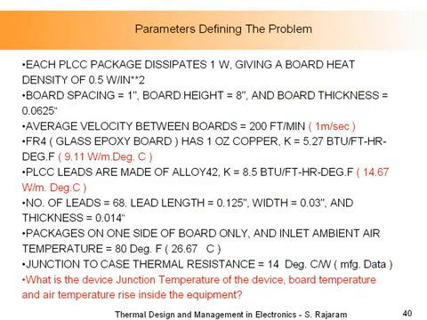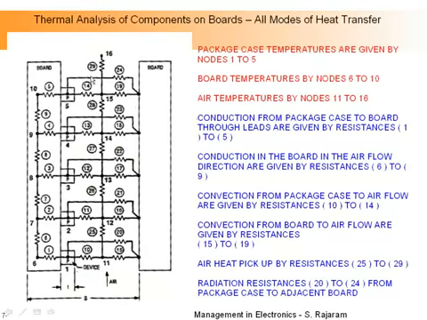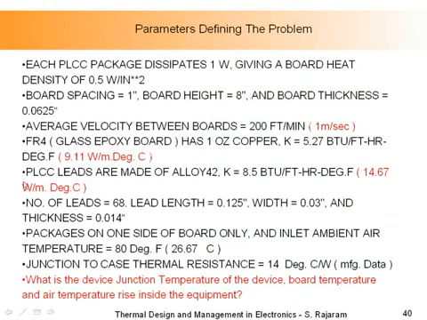Okay, here are some parameters just to give you an idea. We've got packages each dissipating about a watt sitting on a board, and the spacing between the 2 boards is 1 inch or 25 millimeters. That's this spacing. And the average velocity between those boards is 1 meter per second. It's made of glass epoxy board, as I told you, with 1 ounce of copper. And this is a real design.